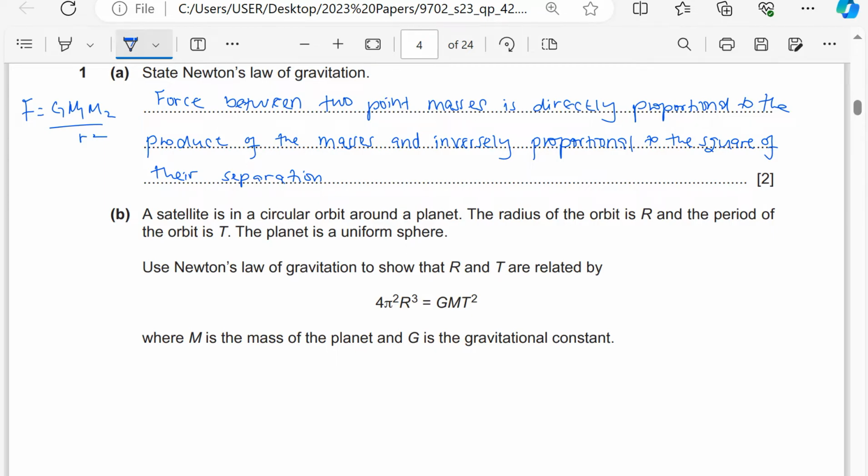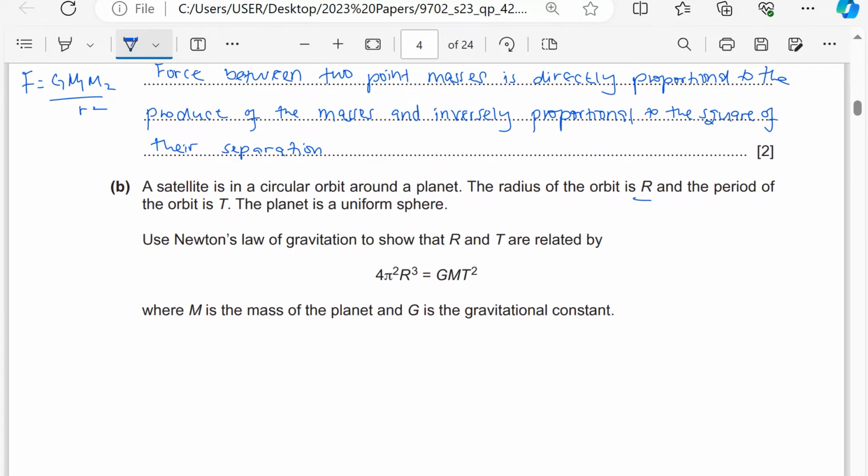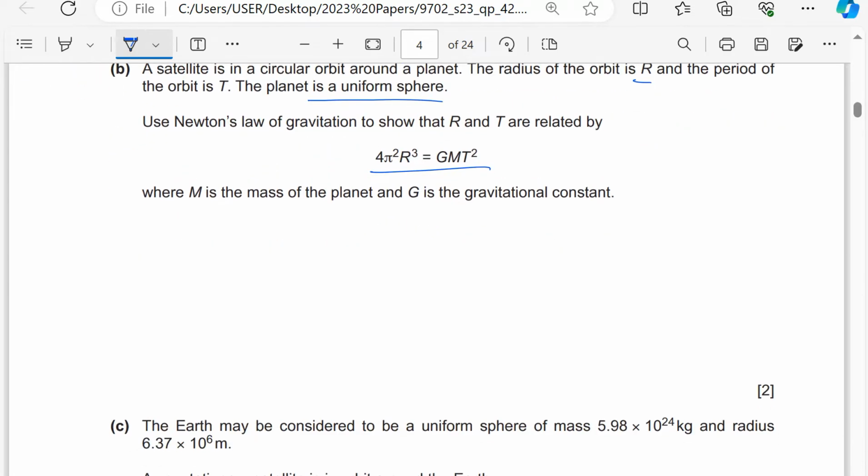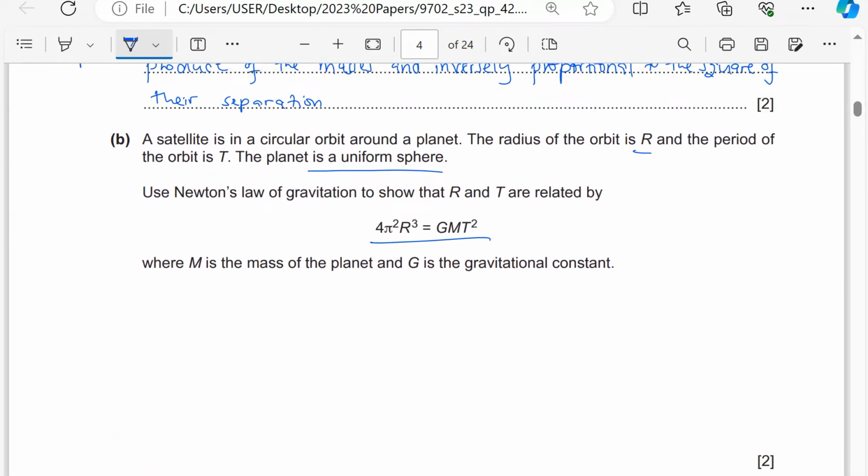Satellite is in a circular orbit around a planet. The radius of the orbit is r, and the period of the orbit is t. The planet is a uniform sphere. Use Newton's law of gravitation to show that r and t are related by this equation here. Okay, so in my explanation, we know that the gravitational force provides the centripetal force.